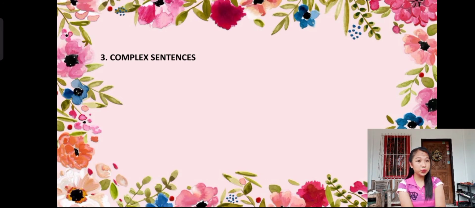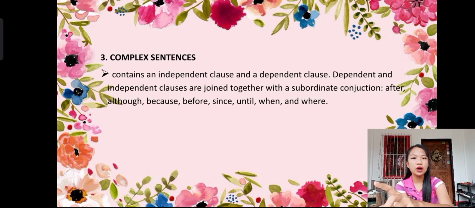So, the third one is complex sentences. Complex sentences contain an independent clause and a dependent clause. Dependent and independent clauses are joined together with a subordinating conjunction. Examples are after, although, because, before, since, until, when, and where.